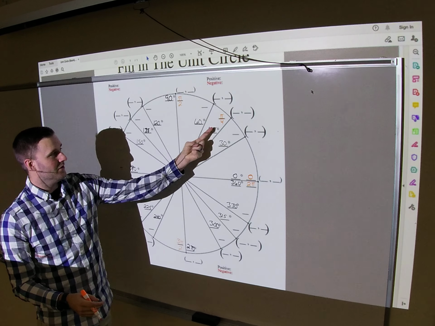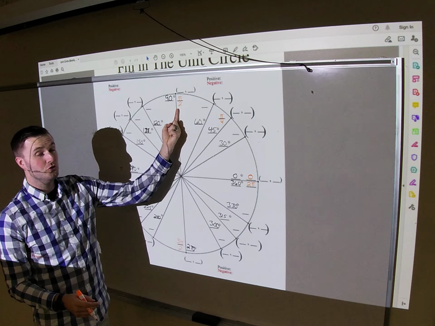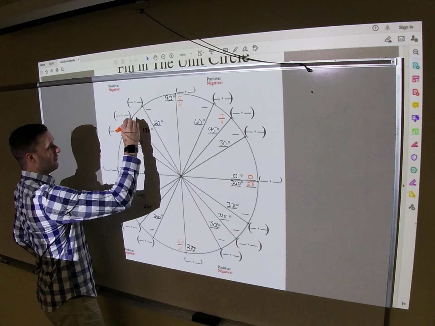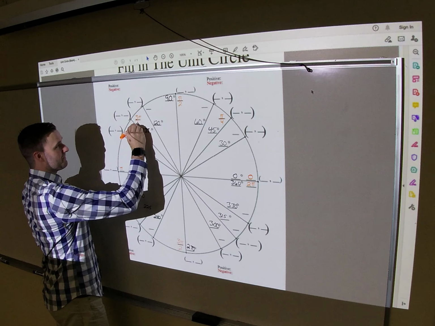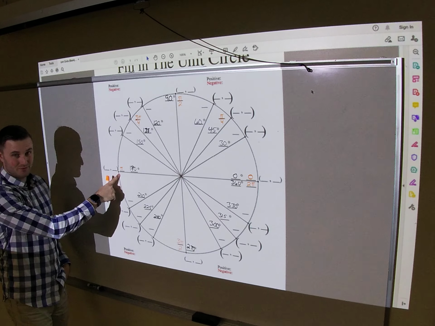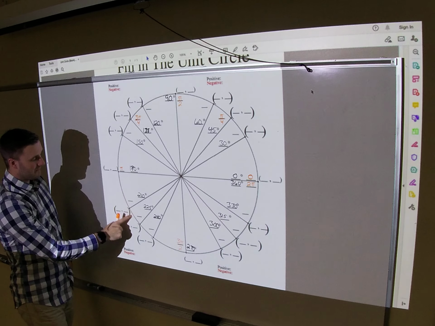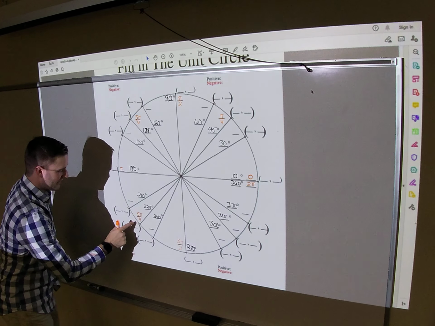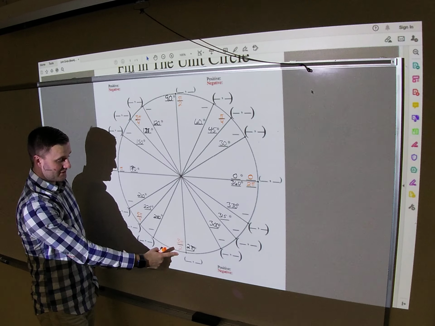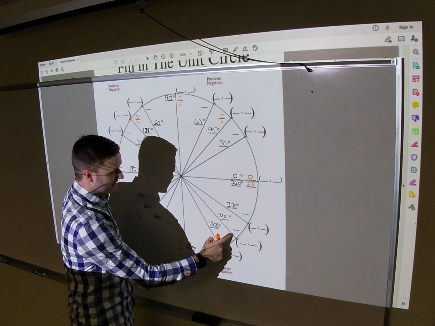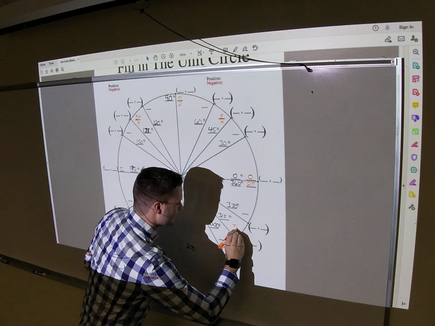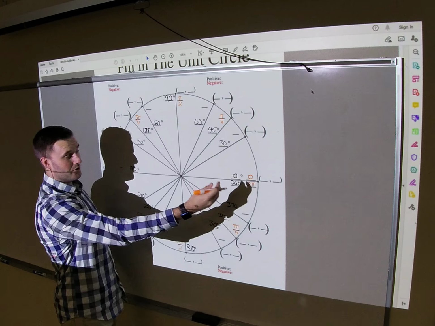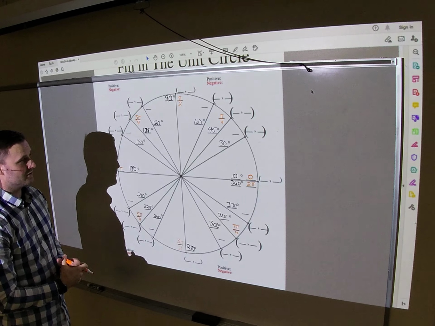So we have 0, 1 pi over 4, 2 pi over 4, which reduces to 1/2, 3 pi over 4, 4 pi over 4, which is 1, 5 pi over 4, 6 pi over 4, which reduces to 3 over 2, 7 pi over 4, and then finally 8 pi over 4, and 8 over 4 is 2, so that reduces to 2.